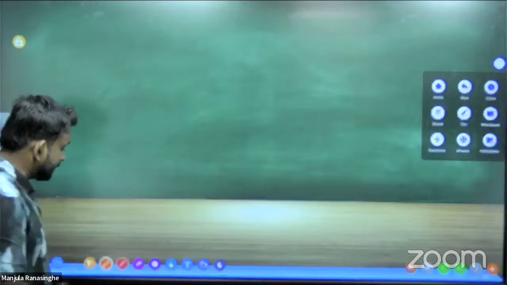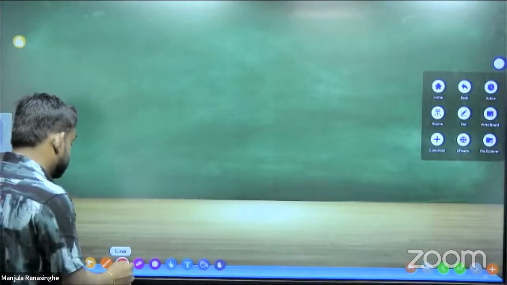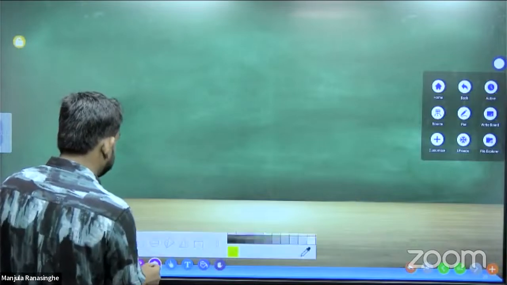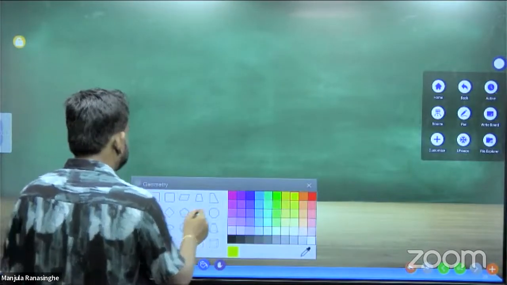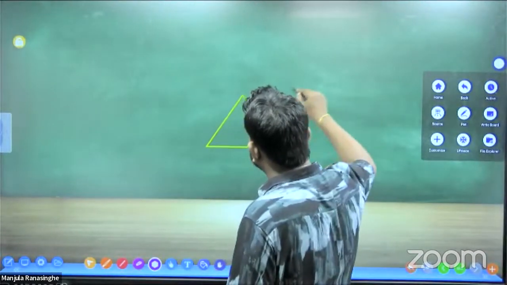Now I'm going to draw this diagram. This is what I'm going to draw here. I'm going to draw a triangle. This is how I need to draw the triangle.